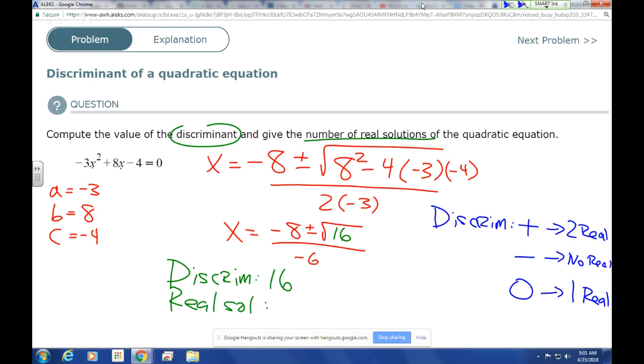So if I get 16, how many real solutions do I have? The answer is 2. If I had negative 16, I would have said no real solutions, or 0 real solutions. If I got 0 as my discriminant, I would have said 1 real.